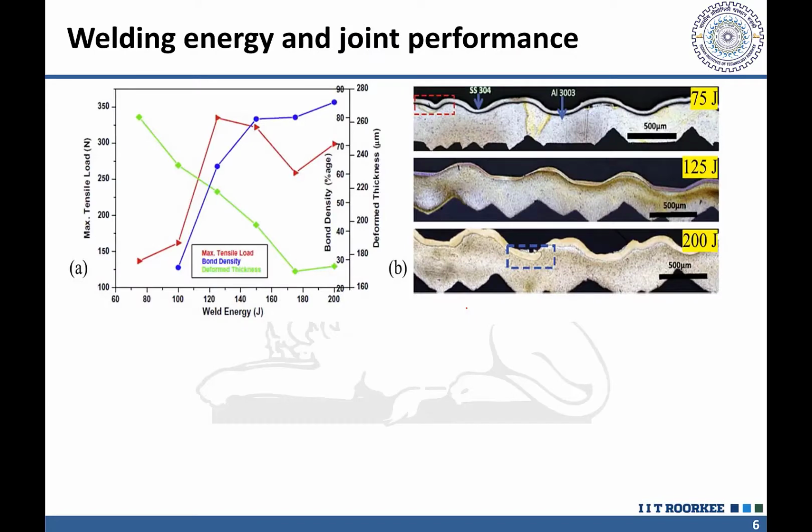Okay, so this is just an example to demonstrate what happens with the amount of energy being supplied to develop the joint between two different materials. Say in this case the steel is being joined with the aluminum alloy.